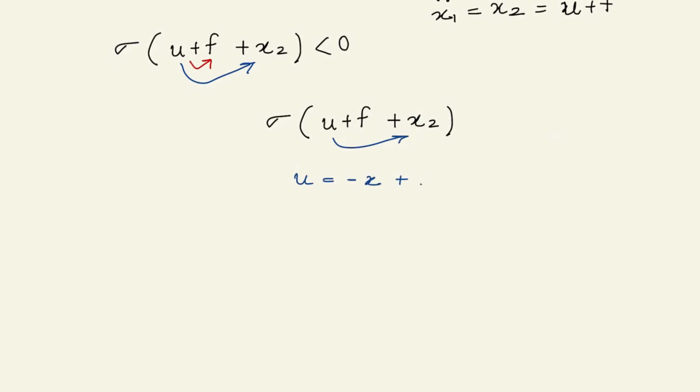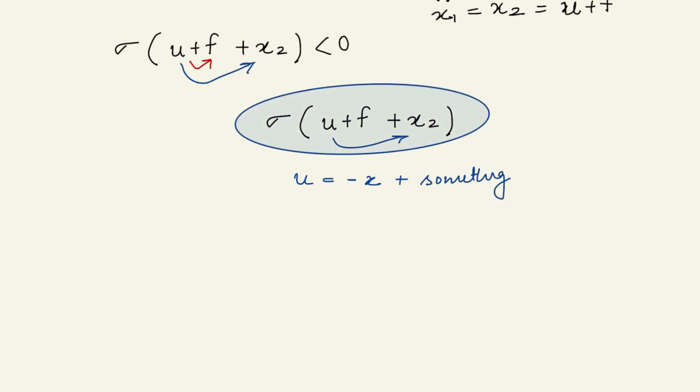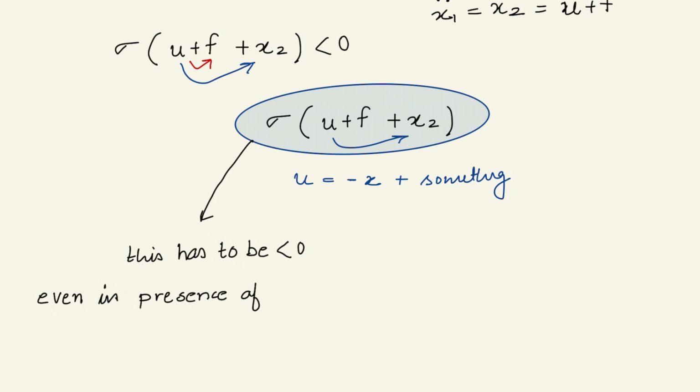The u has to ensure that this whole multiplication is less than 0, even in the presence of disturbance f.